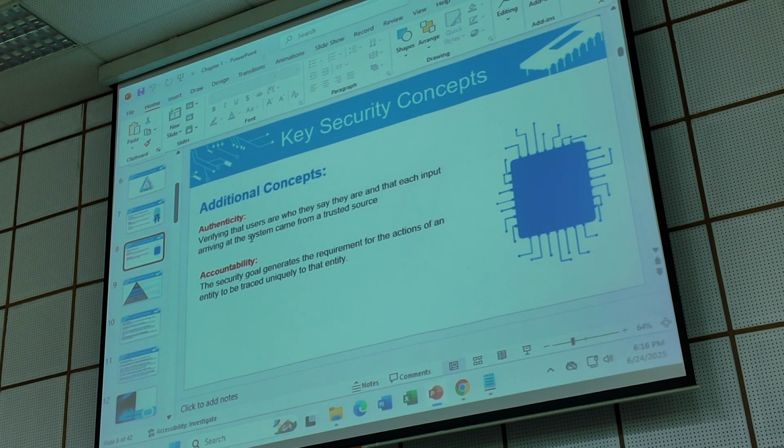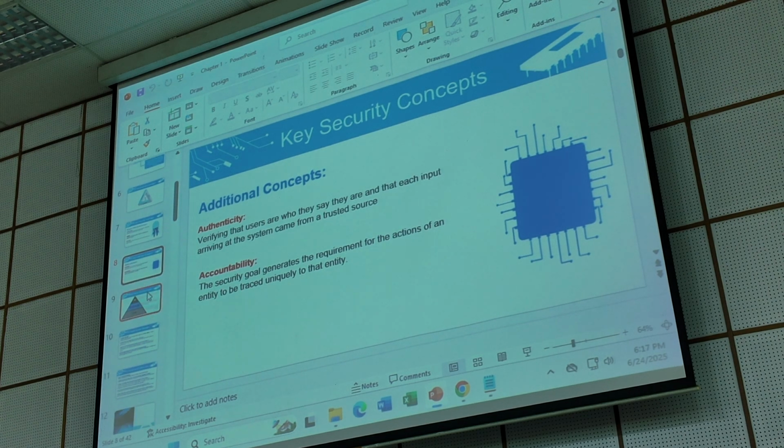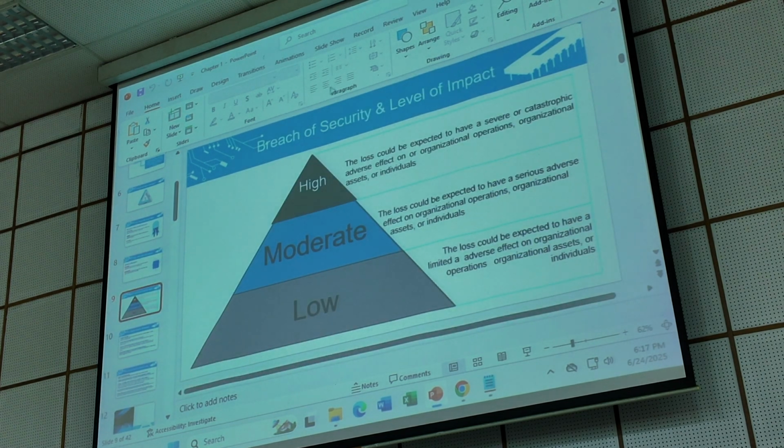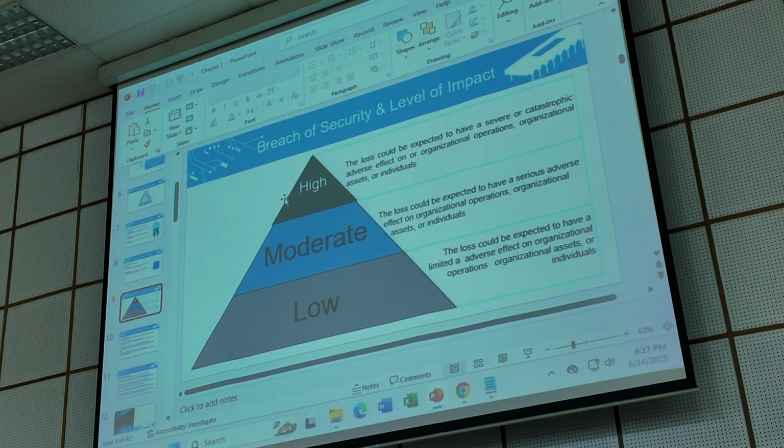When you want to trace back, you can refer to the log file. When there is a security breach, there is a level of impact: either low, moderate, or high.